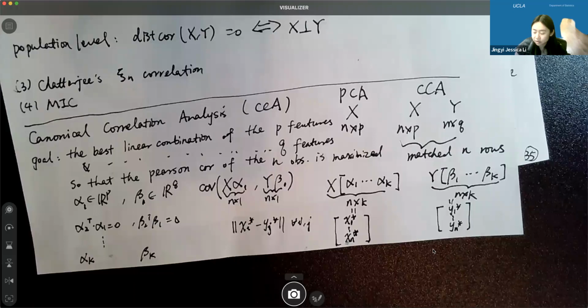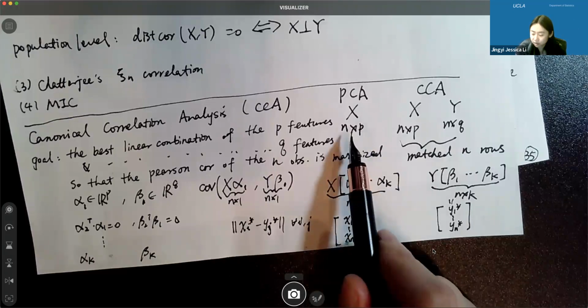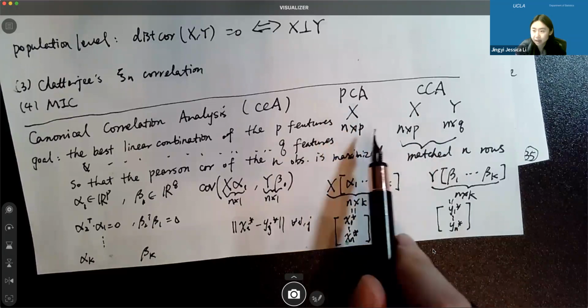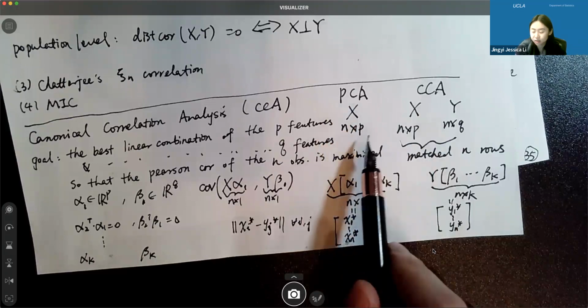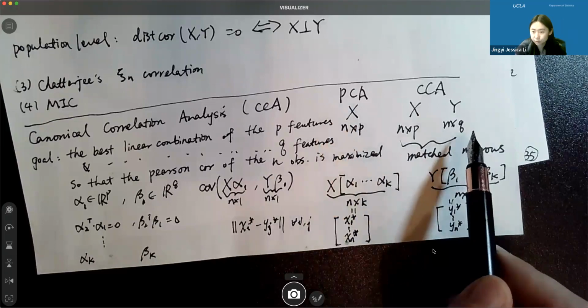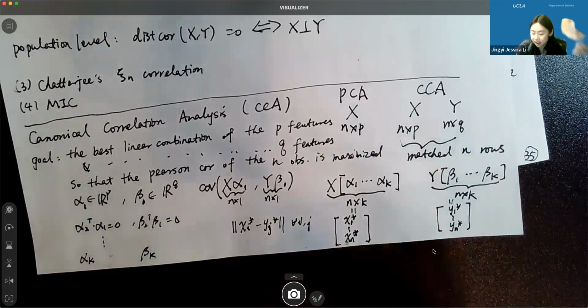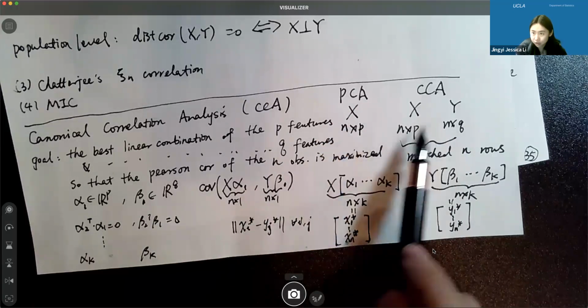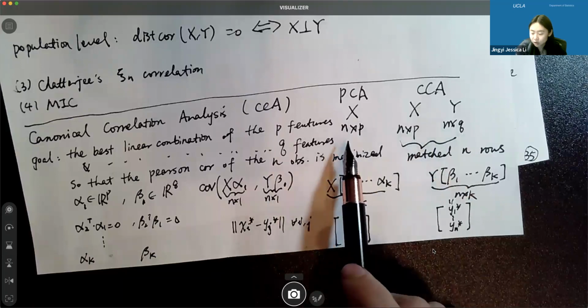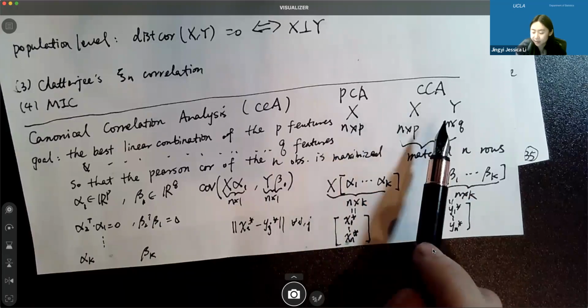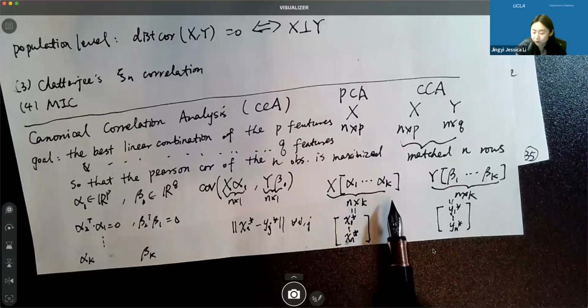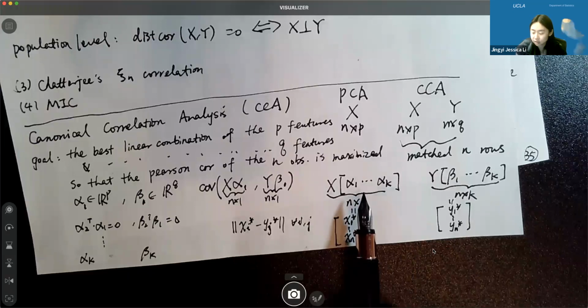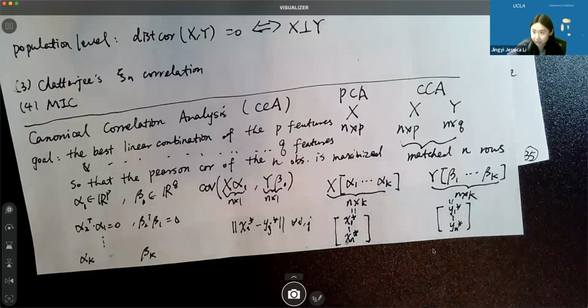And also, in the single cell matching problem, sometimes you may start with some cells in two modalities. Let's say P stands for genes, RNA-seq data, and Q stands for peaks, like ATAC-seq data. And I only have a set of cells measured with both modalities. So using those common cells, you could do CCA to find the loadings alpha 1 to alpha k for projecting genes, and beta 1 to beta k for projecting peaks.